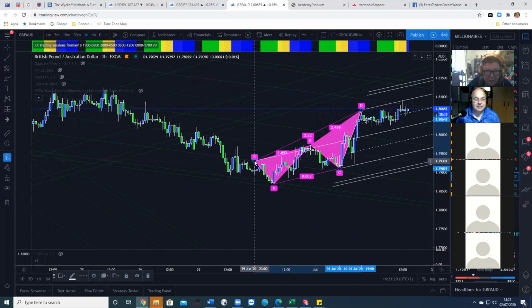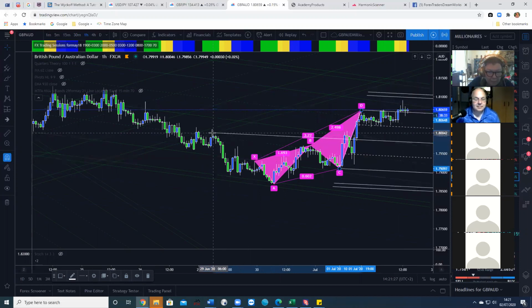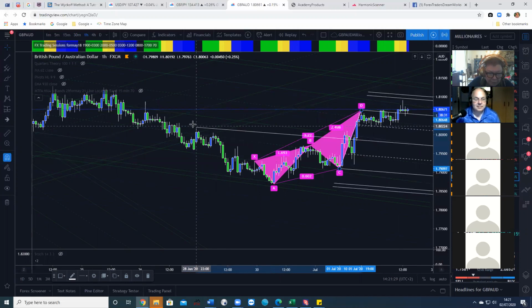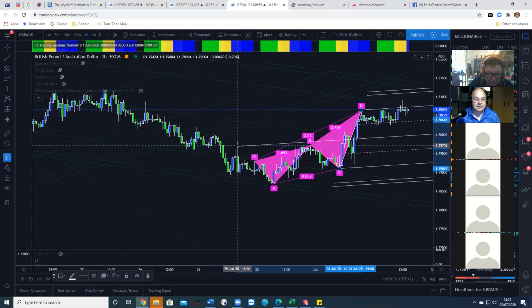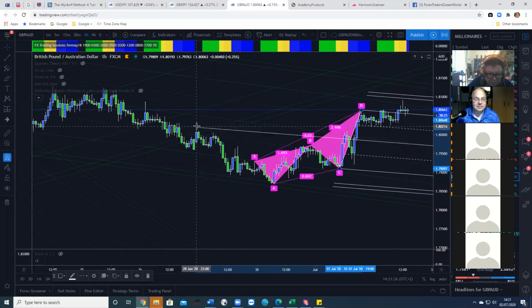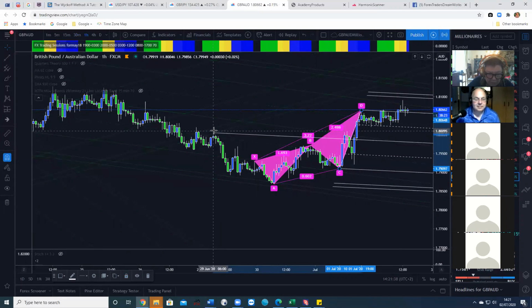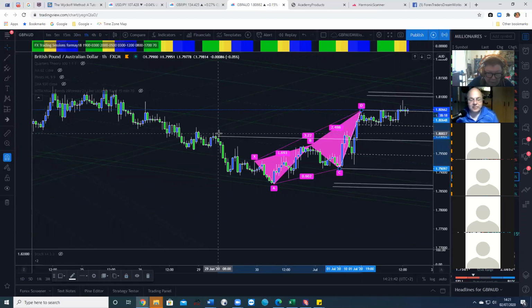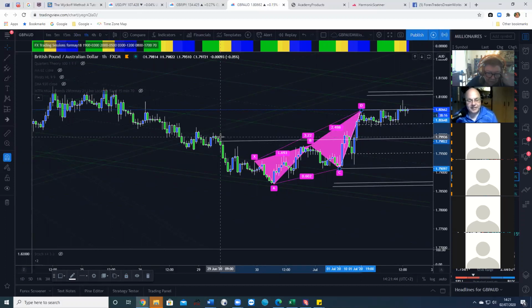So on the hourly, this is unusual, to move an X point. 09. Still looks strange to me.